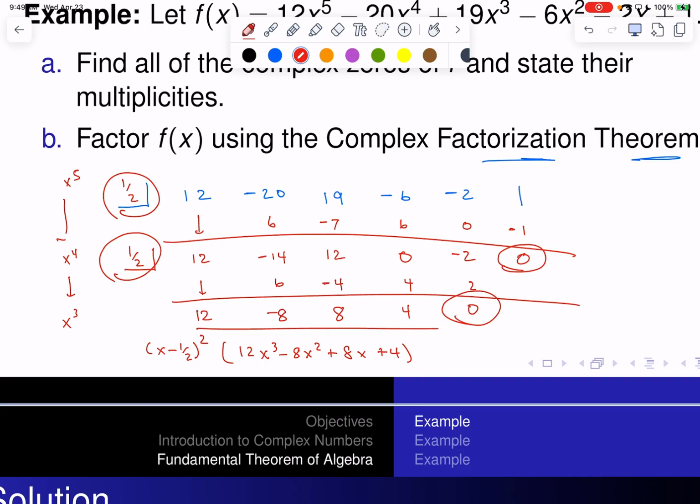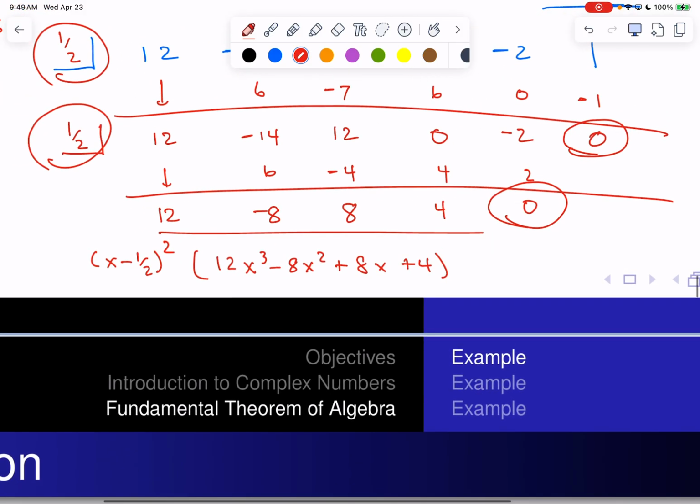It is possible that this works with factor by grouping. Now, if you don't want to factor by grouping, then you have to keep hammering out synthetic division. But you could try it real quick to see if it factors by grouping. If it doesn't, then you've got to go back to synthetic division. Let's see. Does it factor by grouping? Can I factor anything out of the first two? 4x squared, what will that leave me with? 3x minus 2.